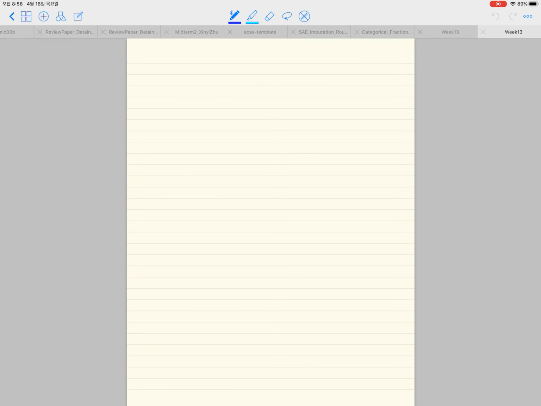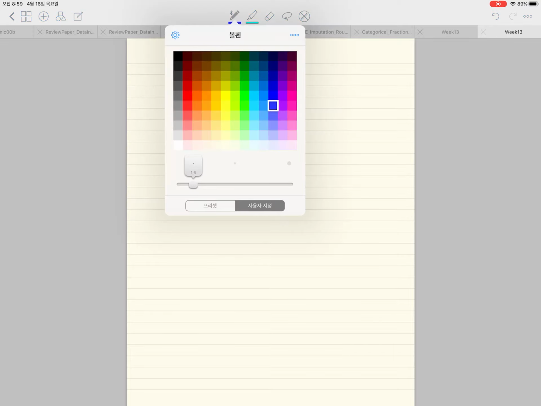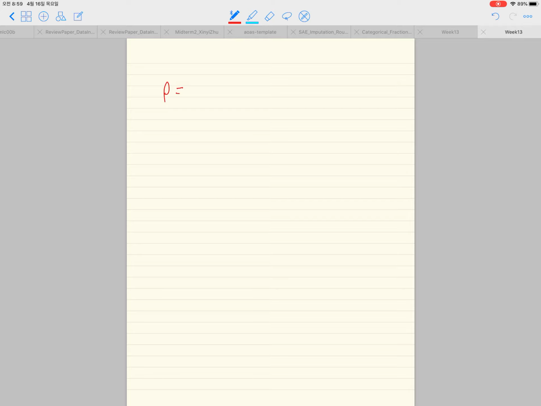The idea is to use this property, but we want to write it in terms of SB square. So we want to do some further algebra.